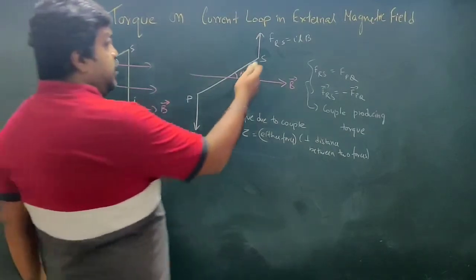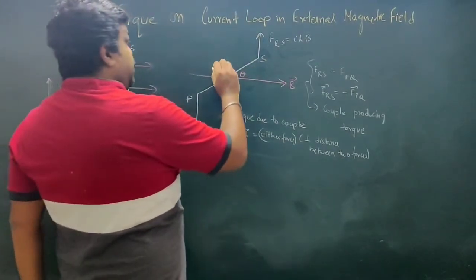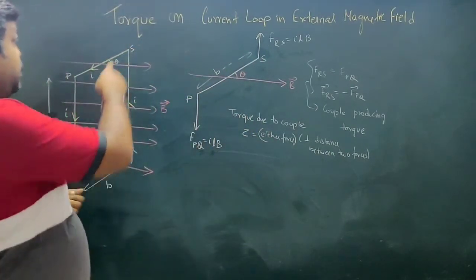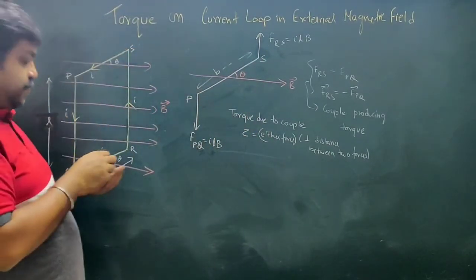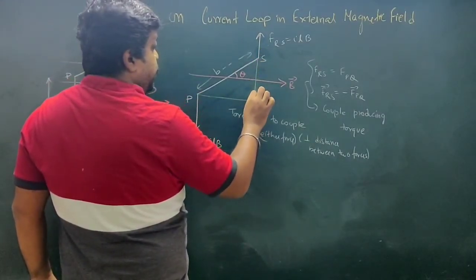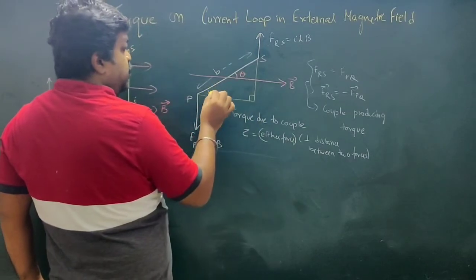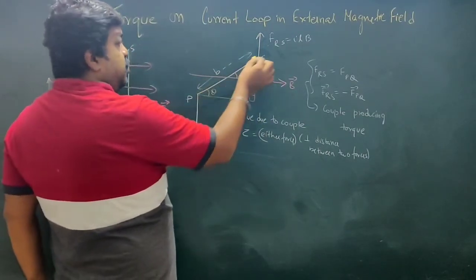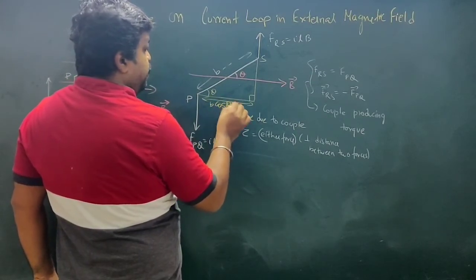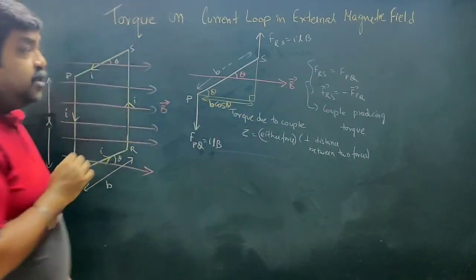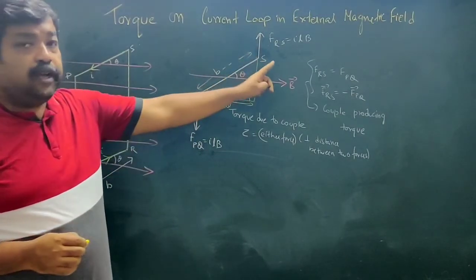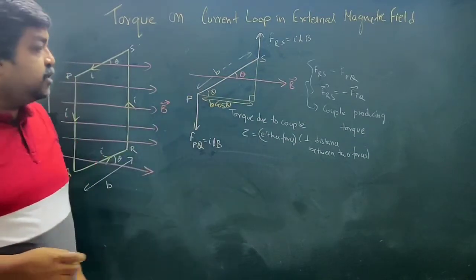So here these are the two forces. B is the length of the segment SP. So if we complete this right angle triangle, this angle is theta, so this angle will also be theta. So if this is B, this will be how much? It will be b cos theta. So that means the perpendicular distance between these two anti-parallel forces is b cos theta.